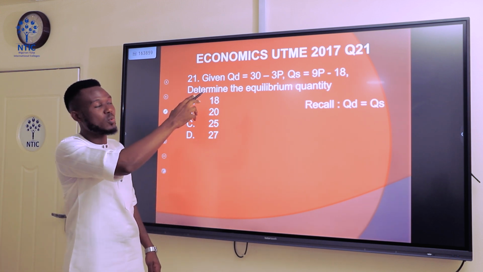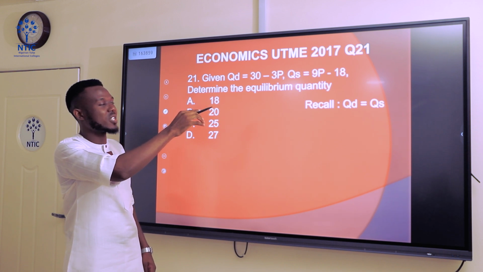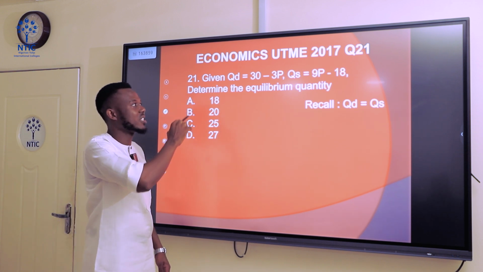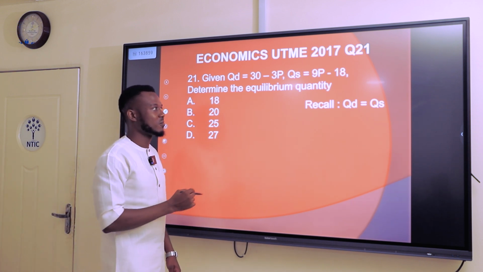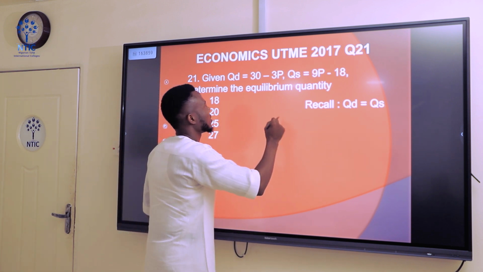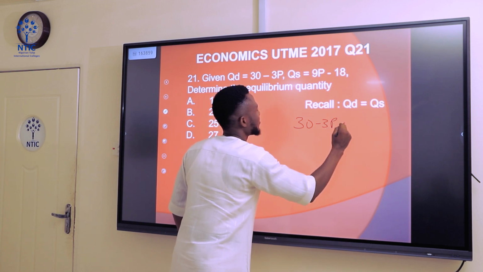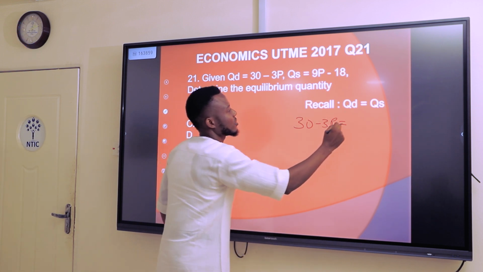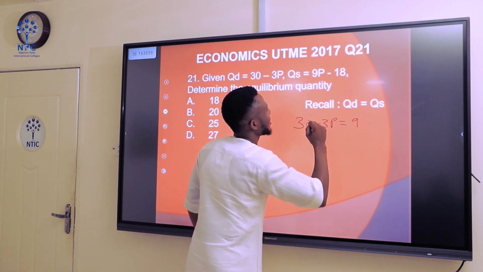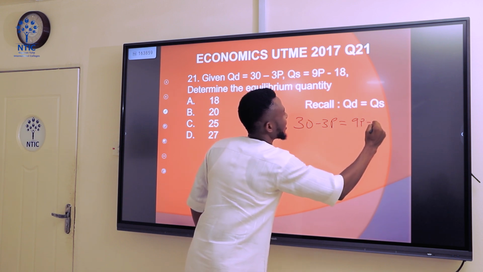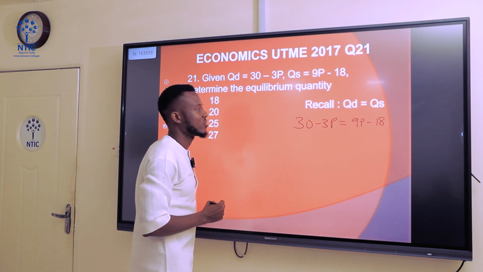First, we will find the equilibrium price and then use the equilibrium price to determine the equilibrium quantity. To find the equilibrium price, quantity demanded, 30 minus 3p, is equal to quantity supplied, 9p minus 18.